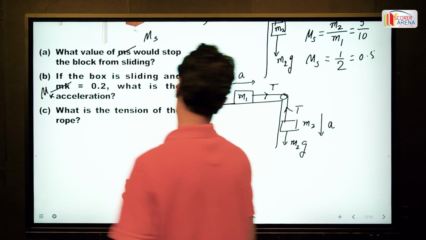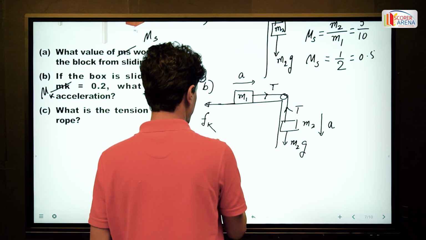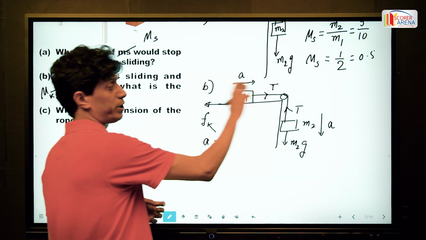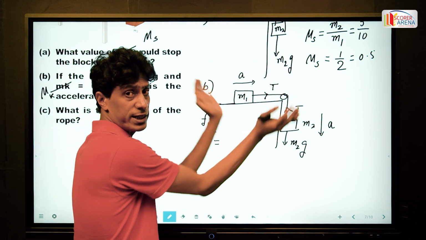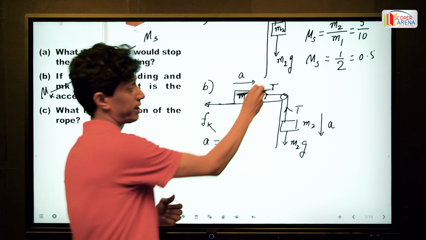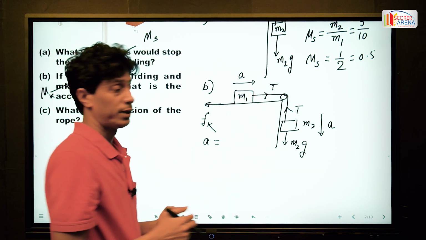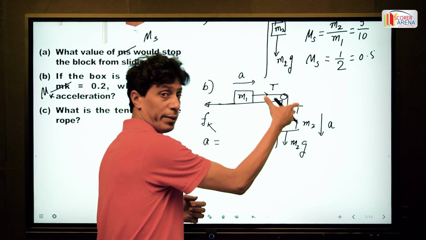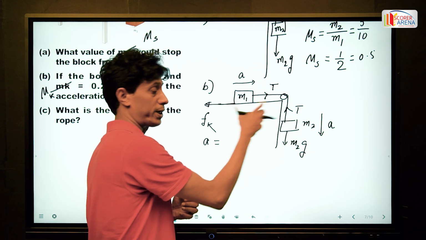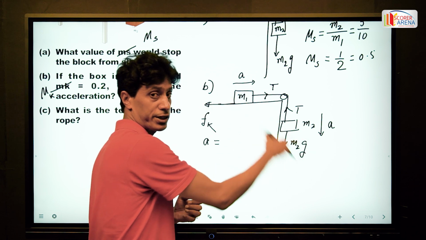And acceleration A is equal to... If we think of these two bodies as a whole system, then tension is an internal force. M2G, the gravitational pull on the body, and friction are both external forces.